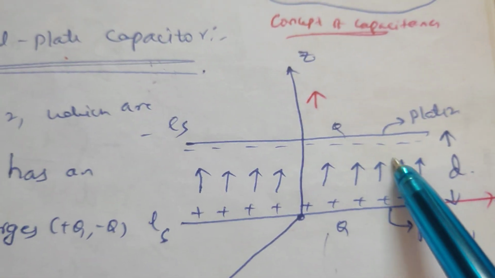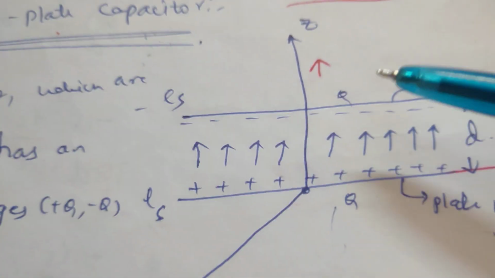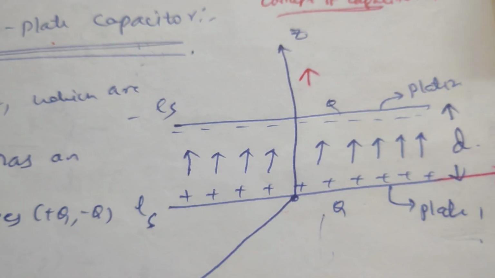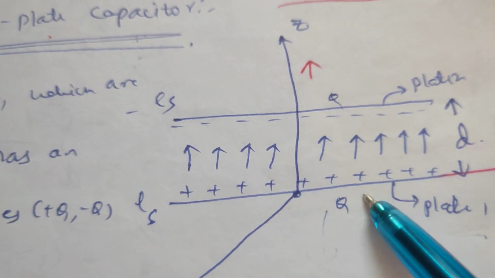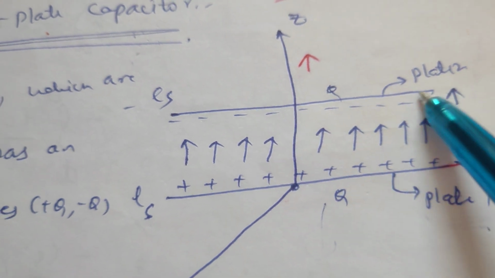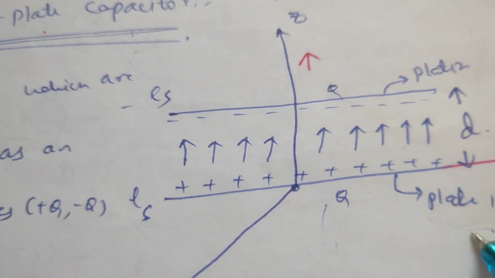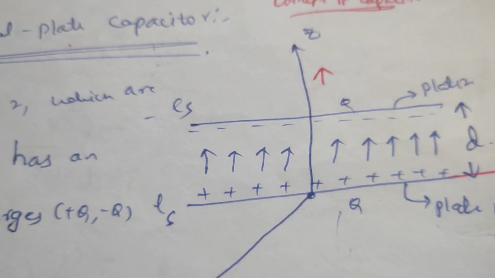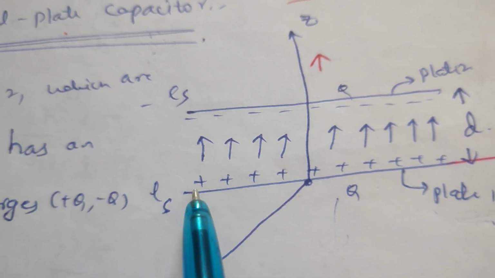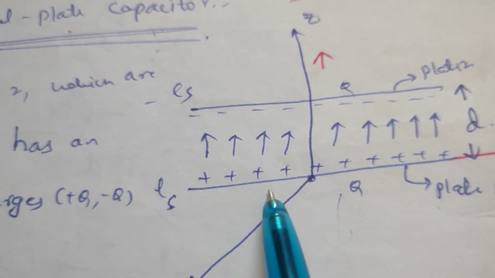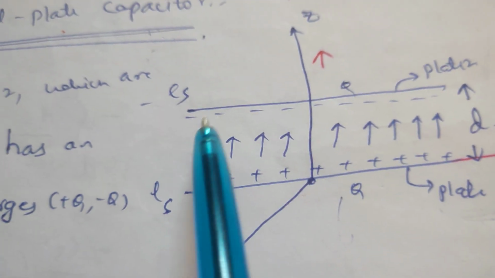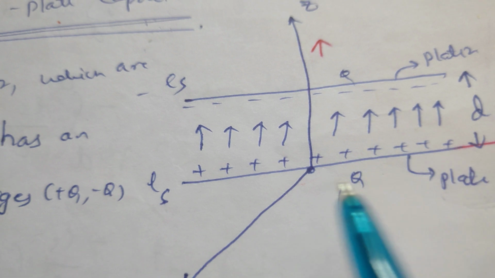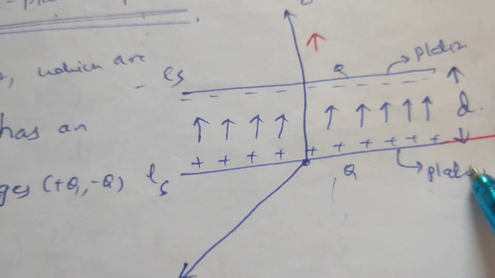Similarly, take another plate 2, an infinite sheet, placed nearer to plate 1, and the distance between plate 1 and plate 2 is d. Distribute the positive charge on plate 1 uniformly and negative charge on plate 2. So here we took two infinite sheets.